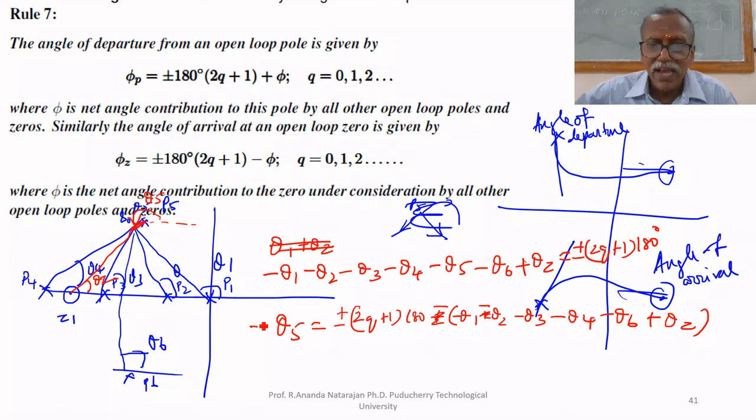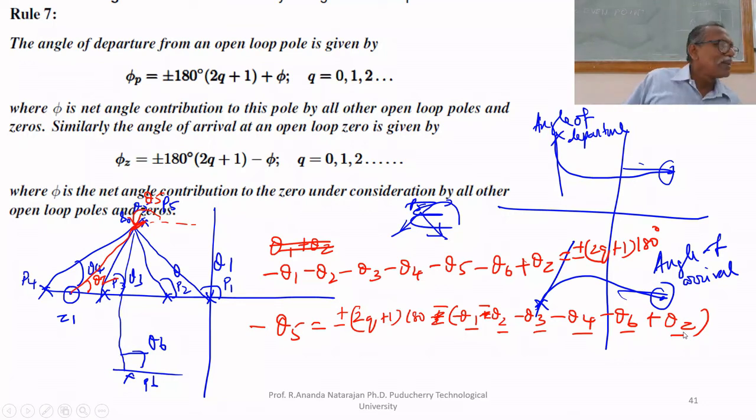That's why I can say that theta 1, theta 2, theta 3, theta 4, theta 6 and theta Z are the angles made by lines joining P5 to all other poles and zeros. That is called the net angle contributed by lines joining P5 and all other poles and zeros. What is the angle in question?